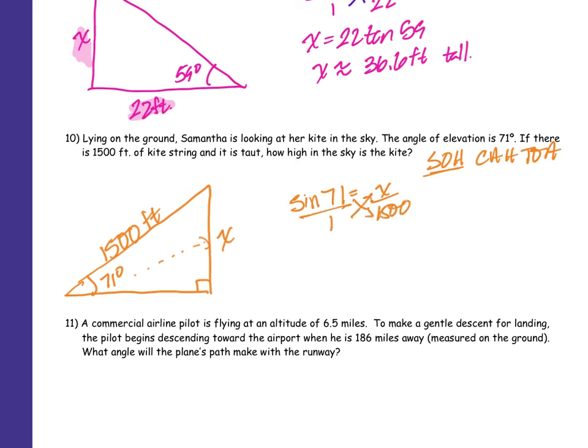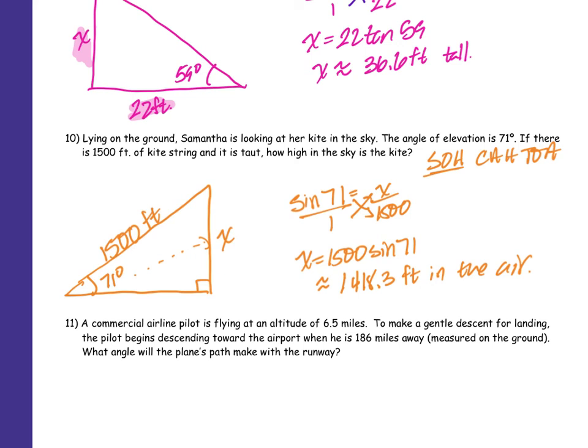Cross multiply, and I get x equals 1,500 sine of 71, which is approximately 1,418.3 feet in the air. It's pretty high.